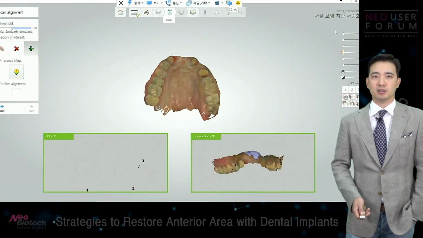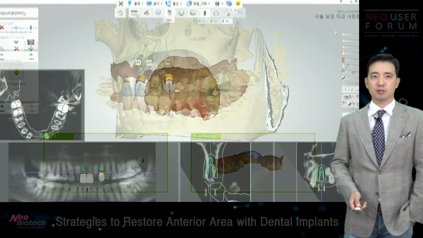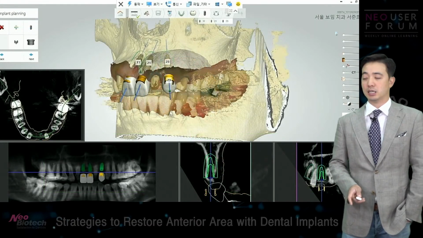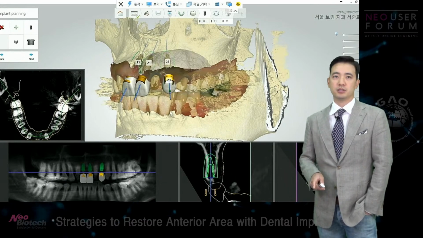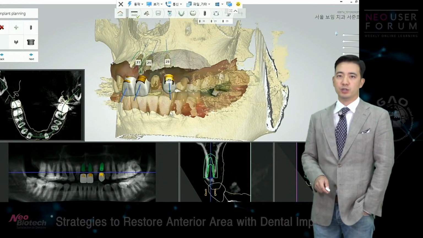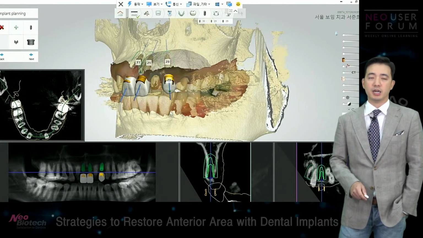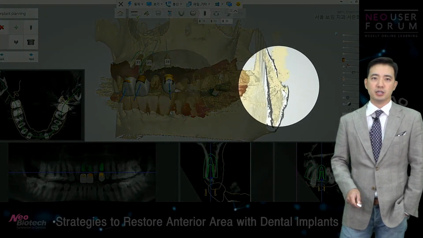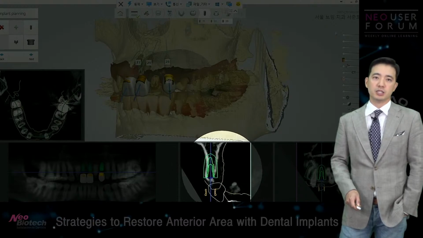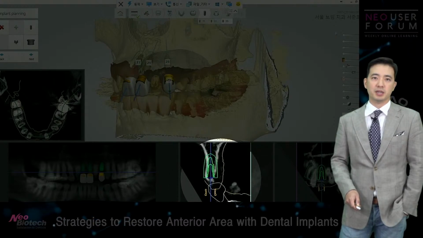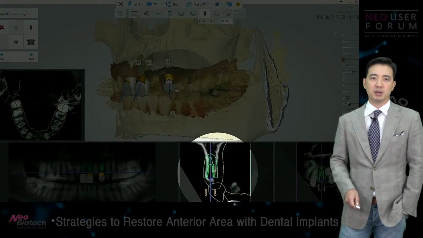So I scanned the patient's mouth intraorally, and I wanted to place the implant in a very accurate position. So what we did was I tried to do guided implant surgery. As you look at here, the technician designed this implant to go right in the middle of the bone.